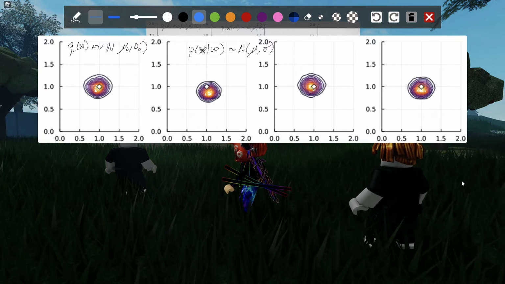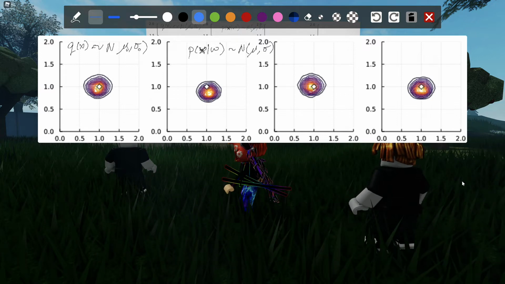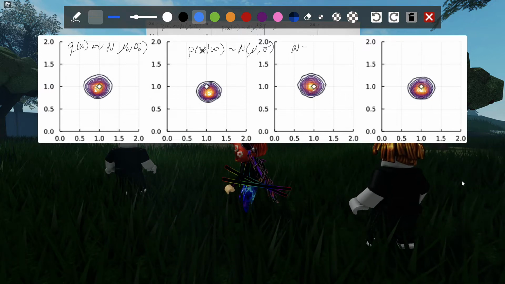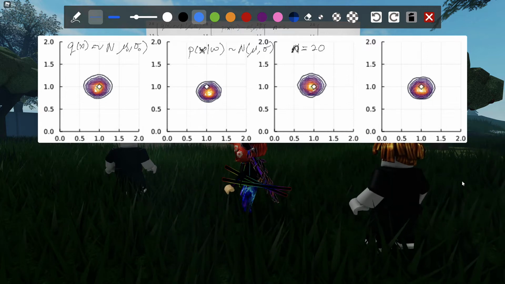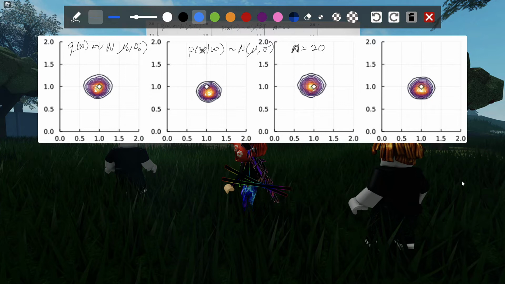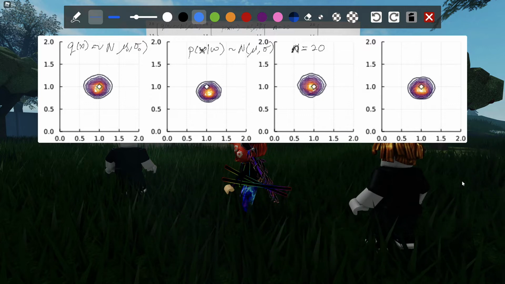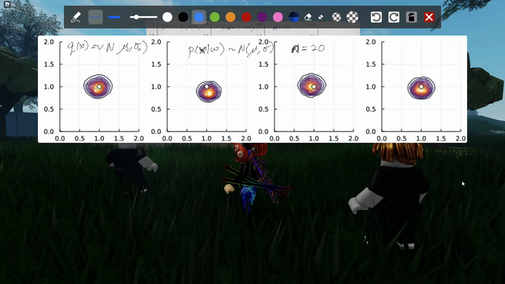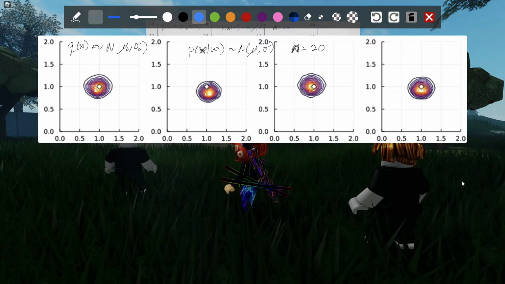Okay. The top series of images are the case where n is equal to 20. So the training sample size is 20, and each of these images is a different draw of the set of 20 training samples.